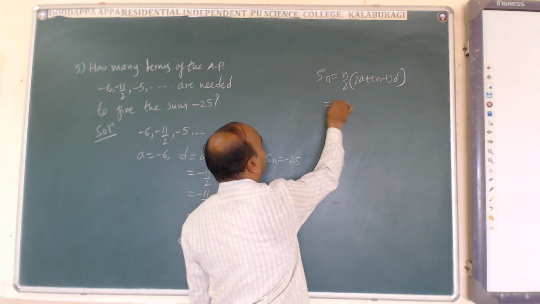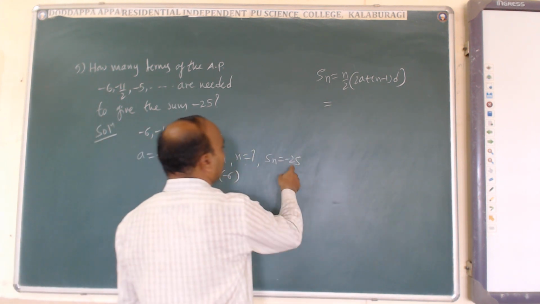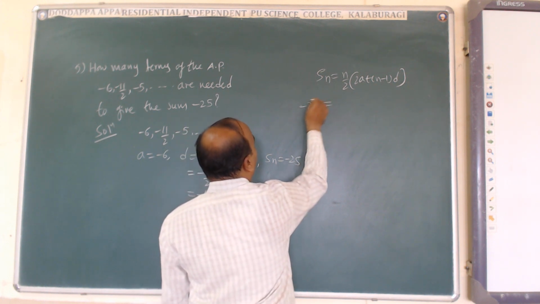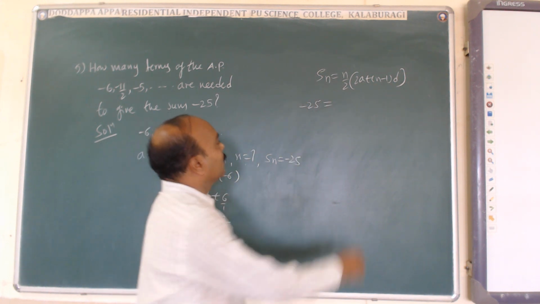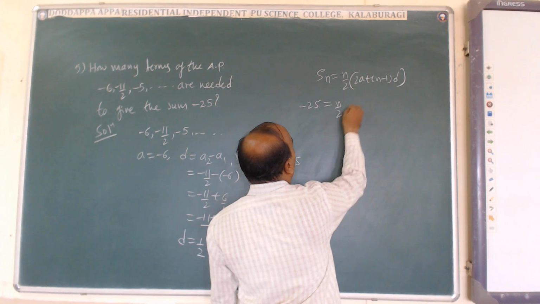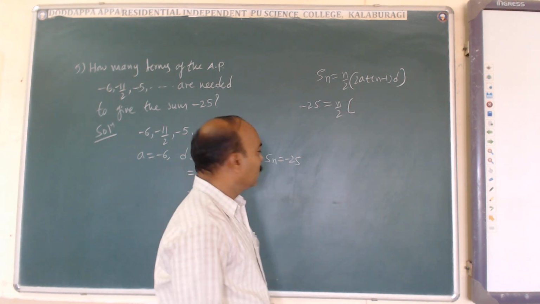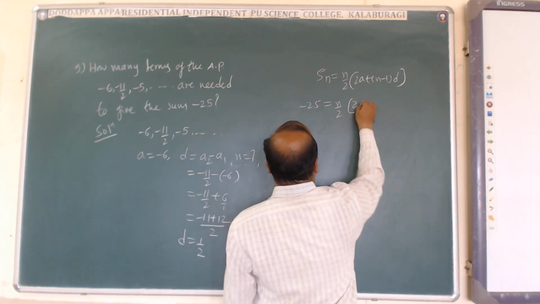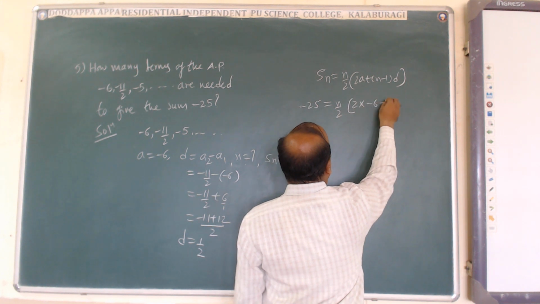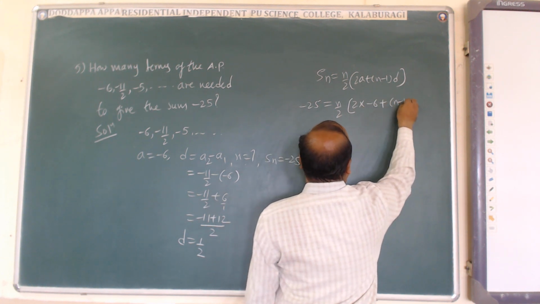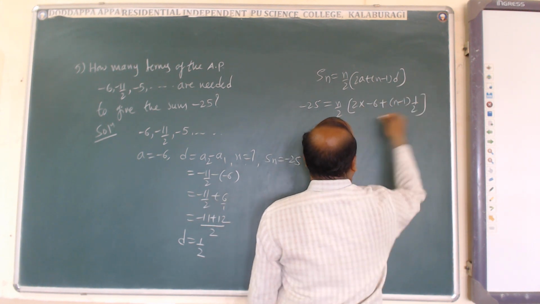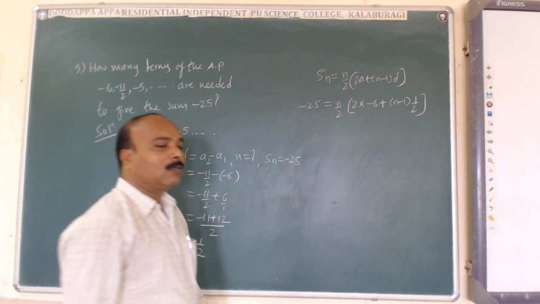Now substitute the values. Here Sn given already is minus 25, you write n by 2 as it is, because you don't know the n value, 2 times a, already got minus 6, plus n minus 1 as it is, d value got 1 by 2.